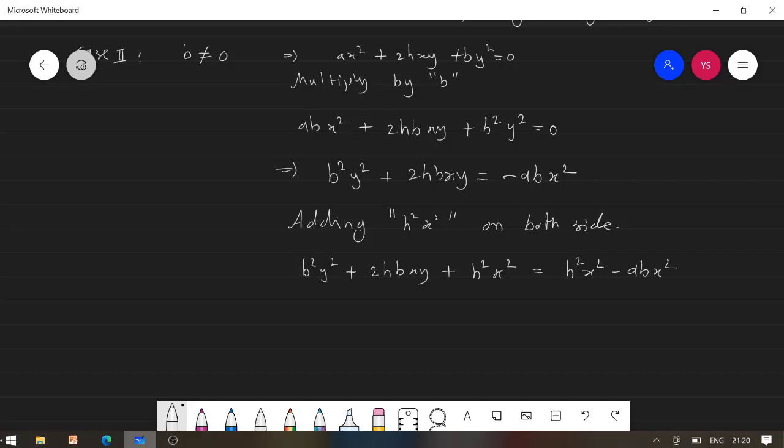Now the LHS is the perfect square of by plus hx the whole square, square root of first term plus square root of last term, the whole square.